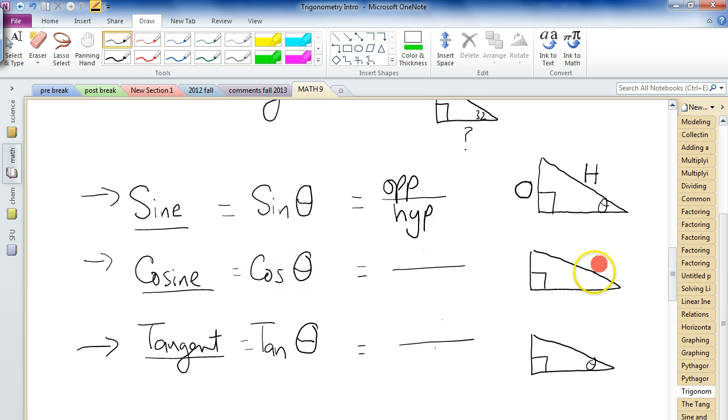Cosine, you can figure out any missing angle by taking the adjacent, we'll call it A for adjacent, and the hypotenuse. So it's the adjacent over the hypotenuse. And in tangent, that's when you can find the missing angle using the opposite and the adjacent. Opposite divided by the adjacent length.